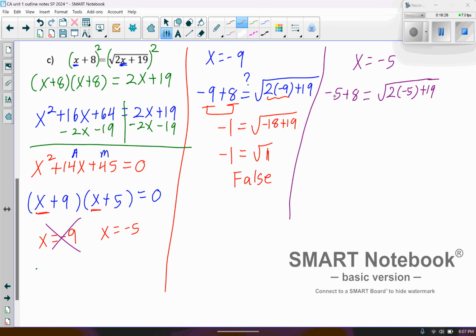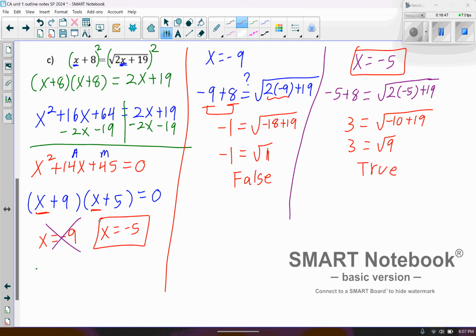And then -5 plus 8 is 3, equals the square root of -10 plus 19. So we end up with 3 equals the square root of 9. Yes, that is true. So we know -5 is a solution.